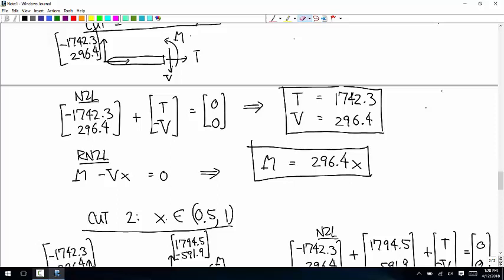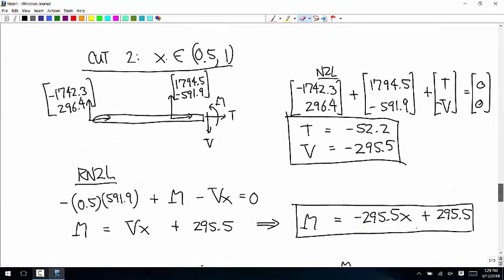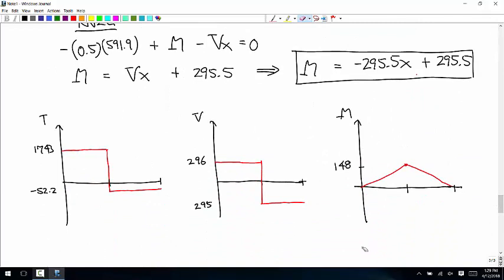So I plugged in x equals 0 to this function, and you get bending moment of 0 on the left. And when x is equal to 0.5 in the middle, you get 296.4 times 0.5 is 148.2. And so I drew a point at 0, a point at 148.2, and then just drew a line between them.